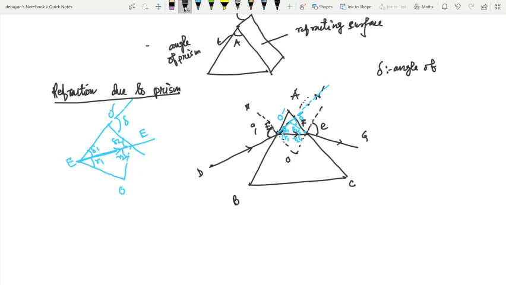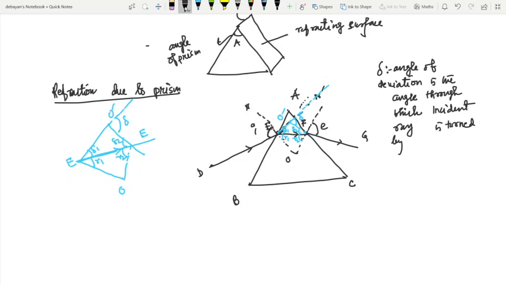And the meaning of angle of deviation is nothing but the angle through which the incident ray is turned by the prism while passing through the prism.